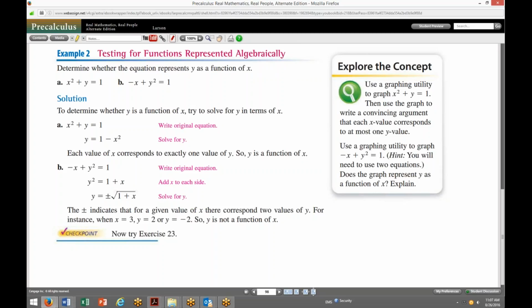Let's look at b. Negative x plus y squared equals 1. Once again, we have to solve for y by itself, get y equals some expression, and then test that and see if it's a function.